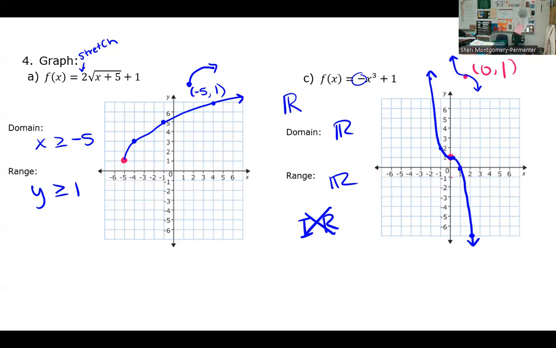But try B and D. Ella had the correct center point for B. So try B and D. You don't know if you know how to do these unless you try them. There are questions on your quiz. You've got to try it.